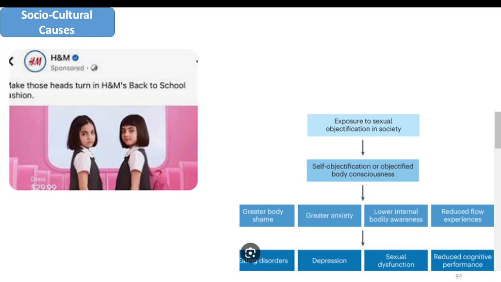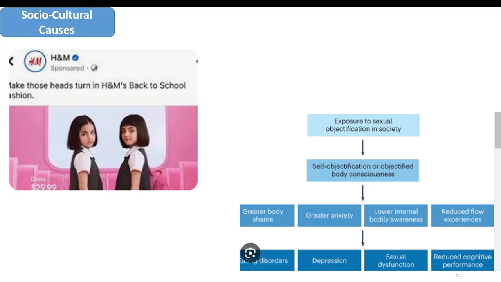These are some of the unreasonable initiatives by the society, by the companies, brands, products, people, domestic households, where the people are objectified. Objectification is what it all narrows down to.